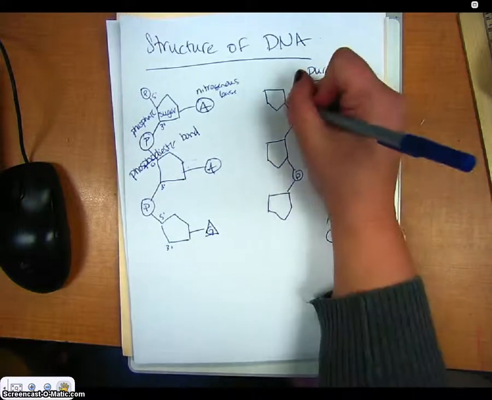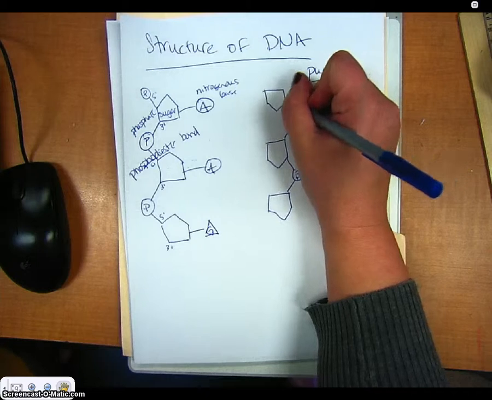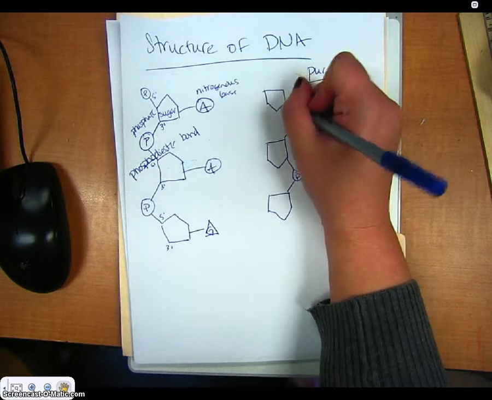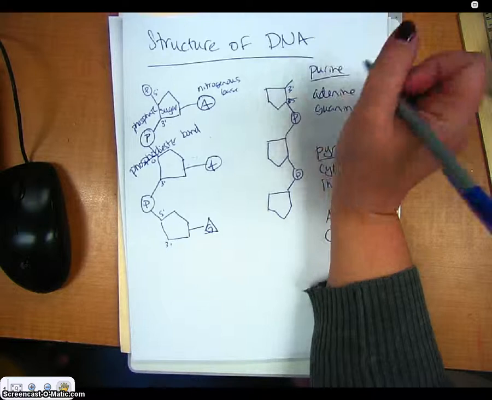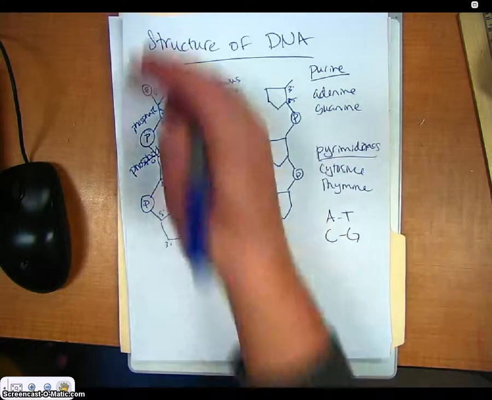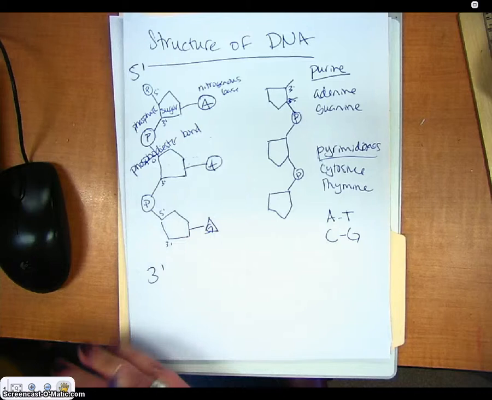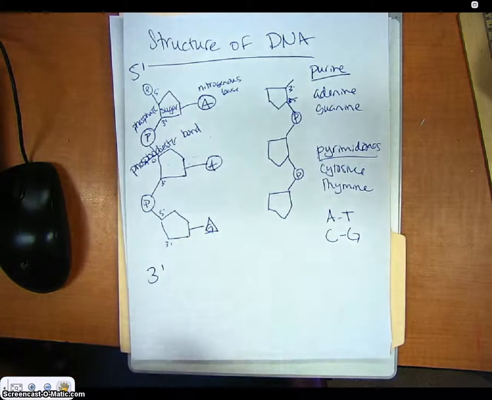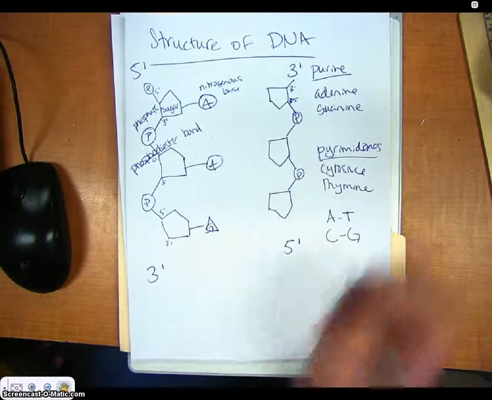In this case, you've got this being the 5', and this being the 3'. So you have the 3' on top and the 5' on the bottom. So this side of the DNA is 5' to 3', and then the anti-parallel arrangement, so upside down, the other side would be 3' to 5'.